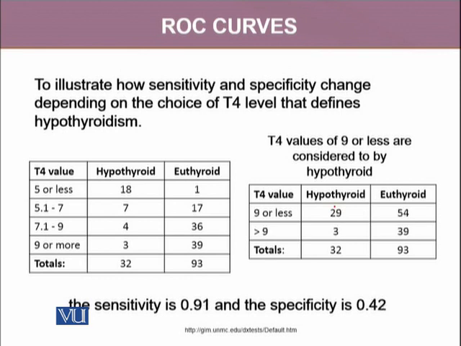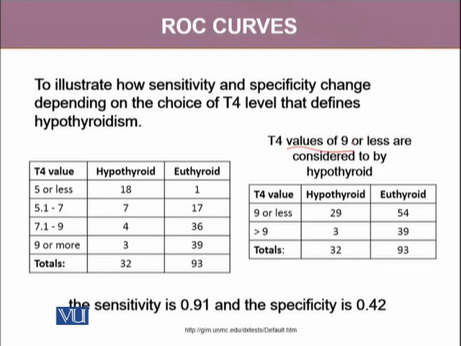Another cutoff point was chosen where a T4 value of 9 or less is considered hypothyroid, and more than 9 is considered euthyroid. Here, the sensitivity value is pretty high, which is 91%, and specificity is 0.42, 42%.